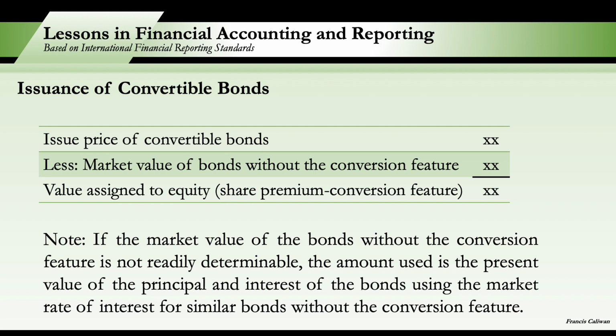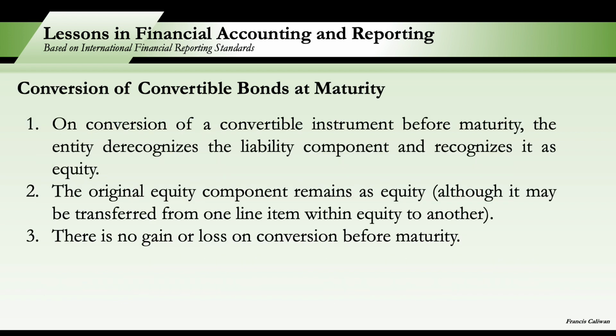If the market value of the bonds without the conversion feature is not readily determinable, similar with bonds with share warrants, we will use the present value of the principal and periodic interest payment, or the present value of the future cash flows, using the market rate of interest for similar bonds without the conversion feature.